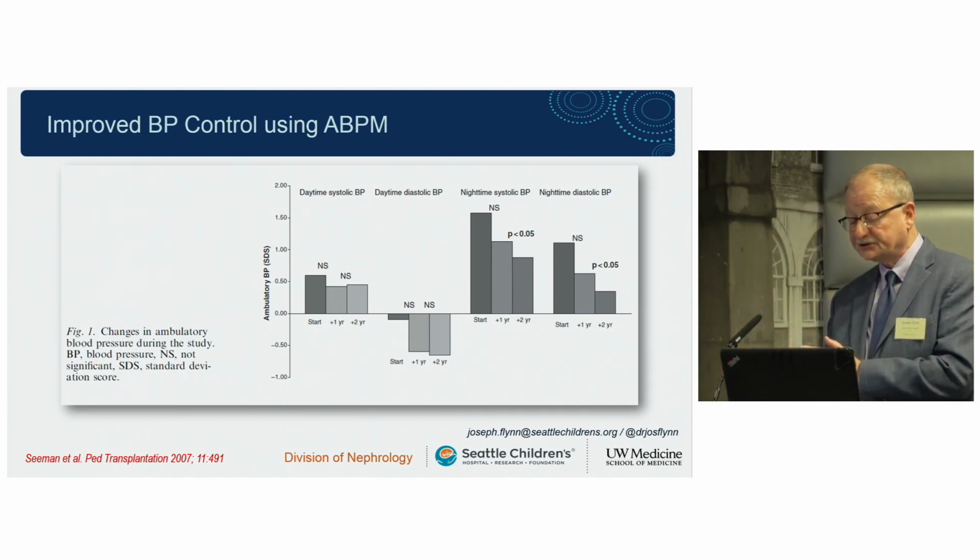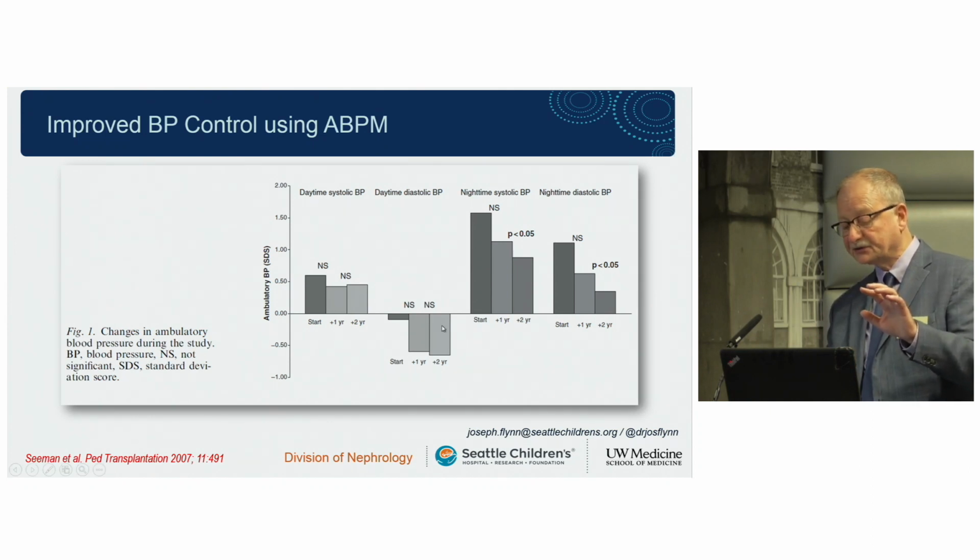What they showed was that they didn't see much of a change in their daytime blood pressure here on the left-hand set of bars. But they did see some decrease in the daytime diastolic blood pressure over time.